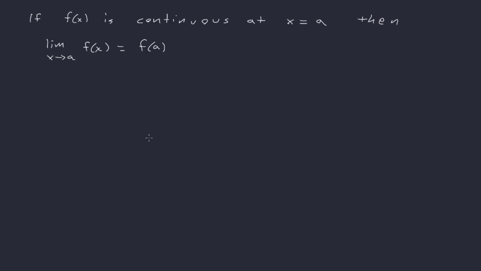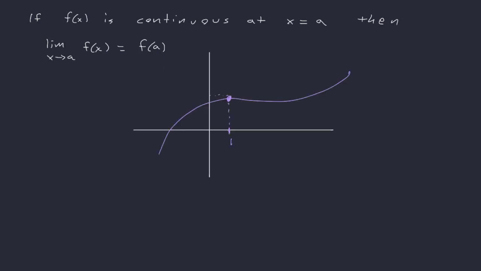Okay, so to summarize some of these things to make calculating limits from graphs easier, if f of x is continuous at x equals a, then the limit is just the same thing as f of a. For example, if this was our f of x, and we're looking at 1 here, and that gives us a y value of, let's say, 3.